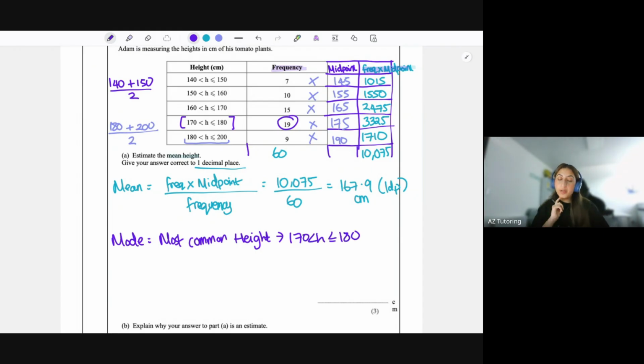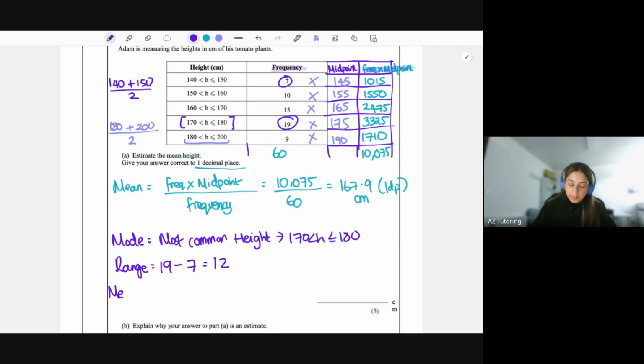That's the mode. So the mode isn't 19, the mode is actually the class in this part here, not the actual frequency. The range is just the biggest value take away the smallest value. So 19 take away 7, which is 12.